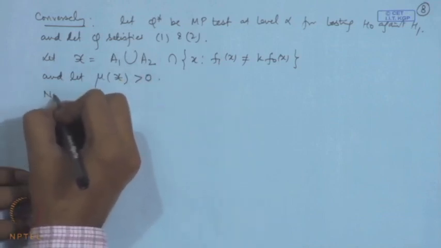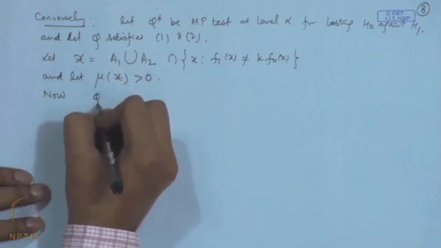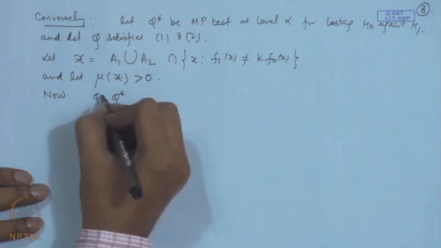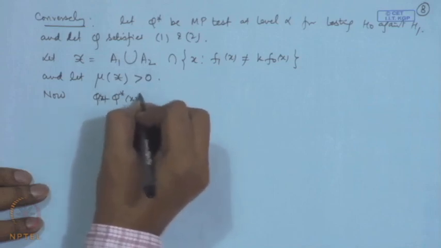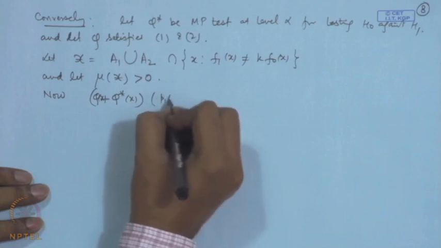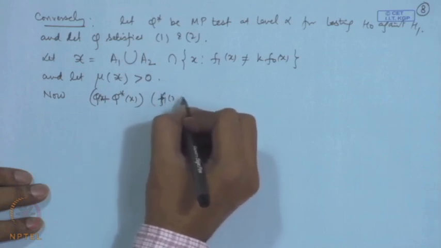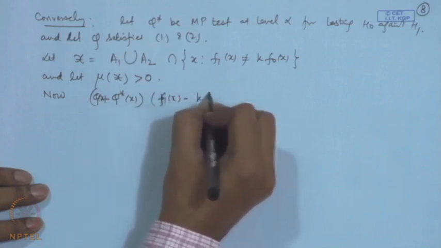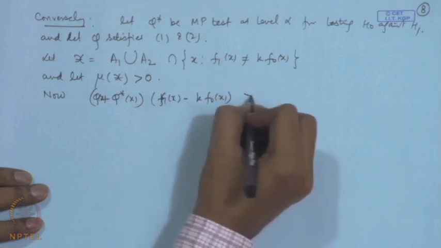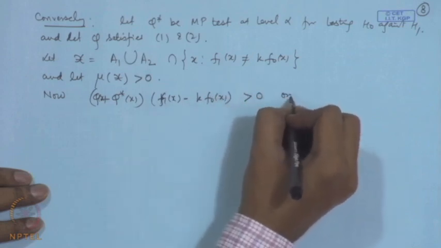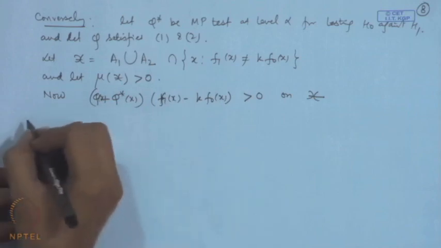Now, we have already considered that phi minus phi star times f1 minus k times f naught is greater than 0 on x.